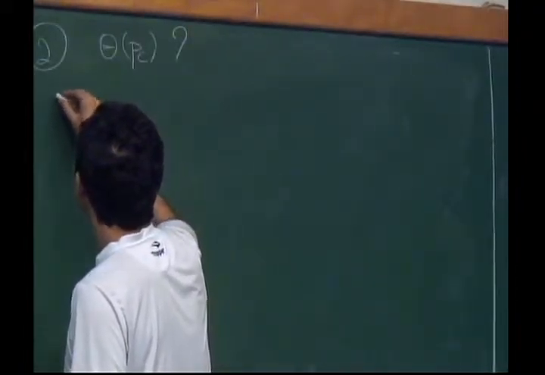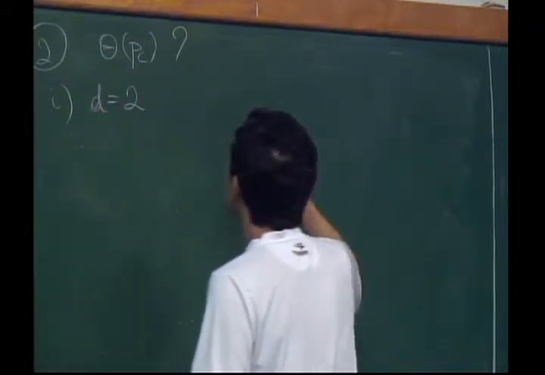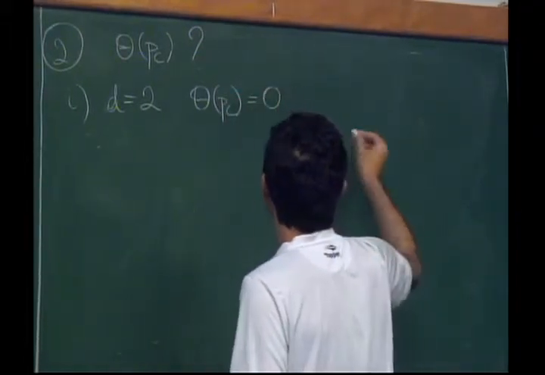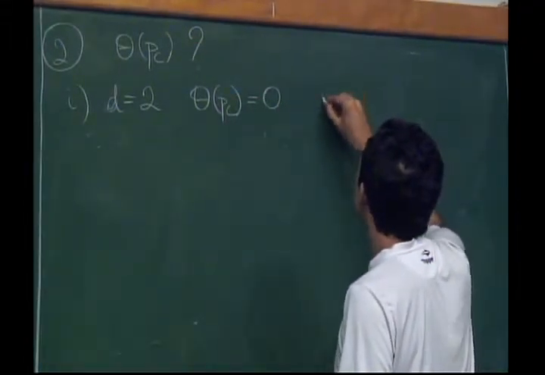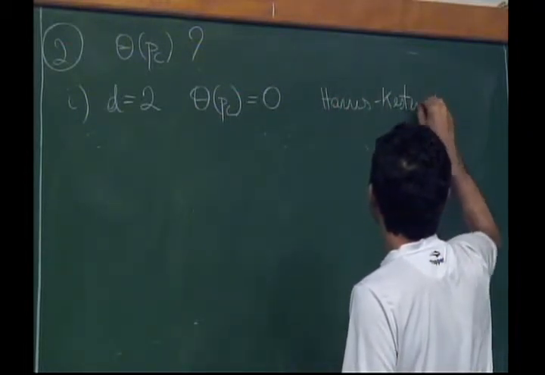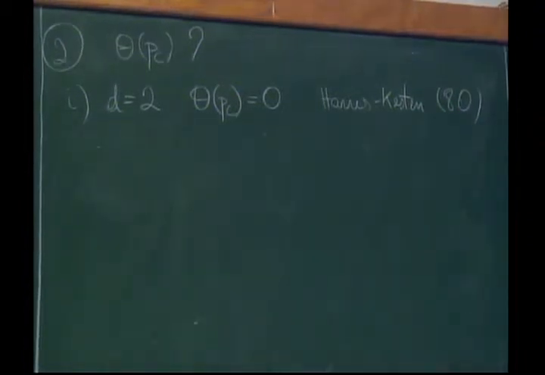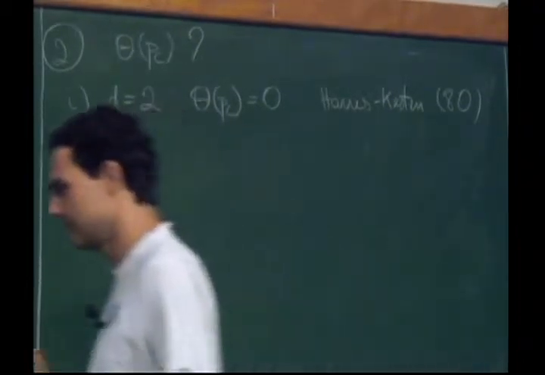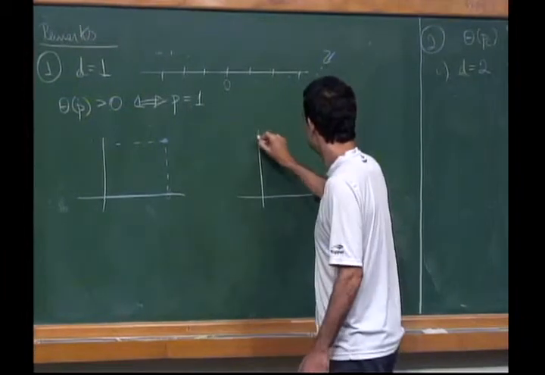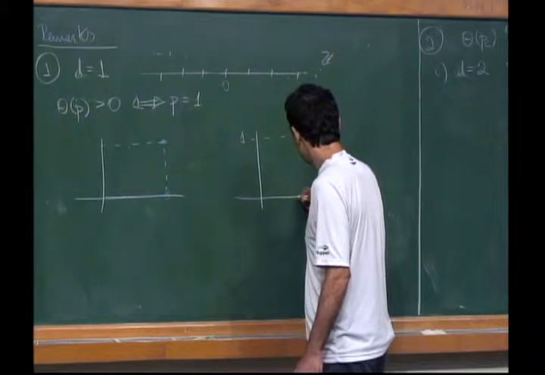We know that for d equals 2, theta of p_c is 0. This is Russo, Harris, and Kesten, 1980. Indeed, it's known that, suppose that we have p_c here.